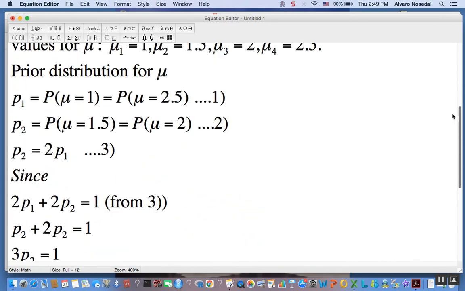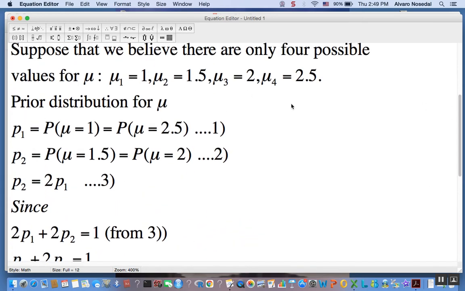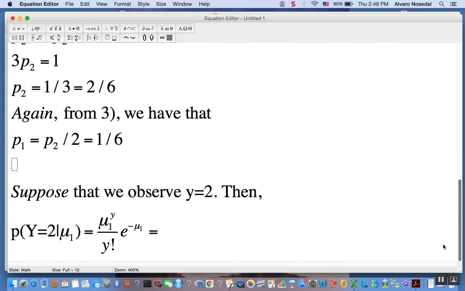So now let me write it down using numbers. So mu1 happens to be 1. So let me substitute. What we're going to have here is 2, 2, and mu1, as we said, happens to be just 1, right? Let me say that here.